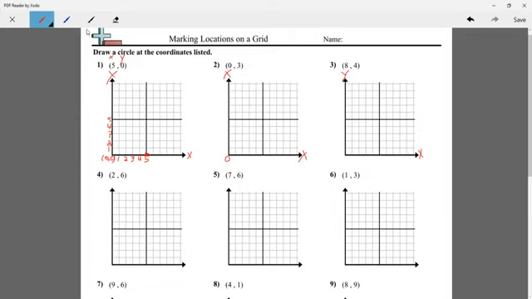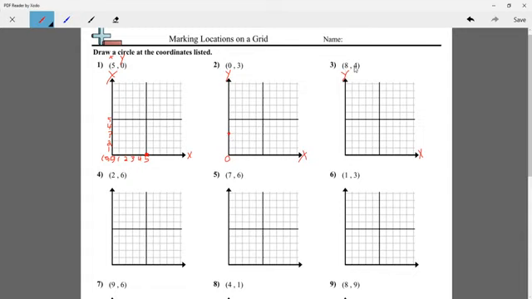This is not an X. This is the Y-axis. I apologize for that. So this is 0 right here. So it is 0 on the x-axis, and then on the y-axis it is 3. So 1, 2, 3. So this is the point right here. Okay, so that is 0 on the x-axis and then 3 on the y-axis.